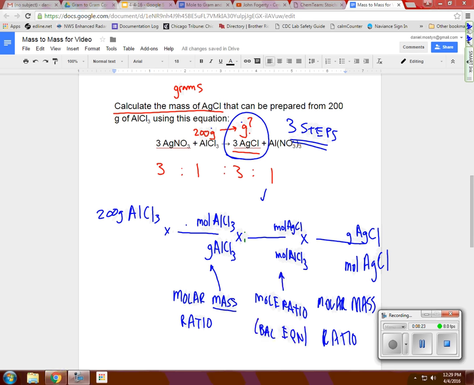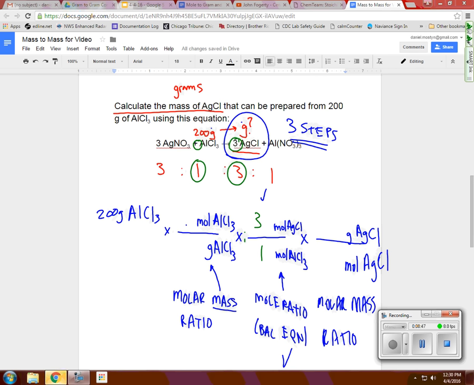Okay. So now it's pretty easy. All we need to do is put in the numbers. The easiest one is the one for the balanced equation, this one right here. So I know that for moles of AgCl, 3 is going to go on top, and then AlCl3, it's a 1, right? So 1 and 3, that's our mole ratio from our balanced equation.